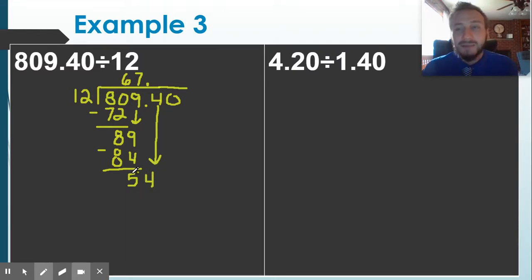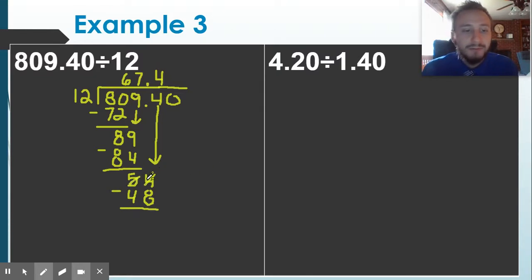And 12 times what gives you 54? So think about it. 12 times what gives you 54? Well, the closest we can probably get would be 4, right? Because 12 times 4 is 48. So what's 54 minus 48?